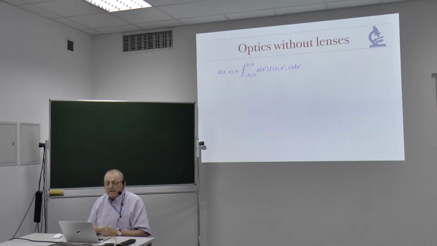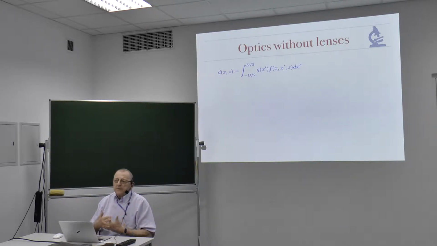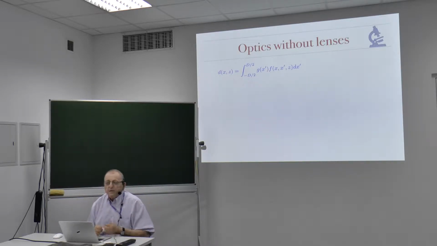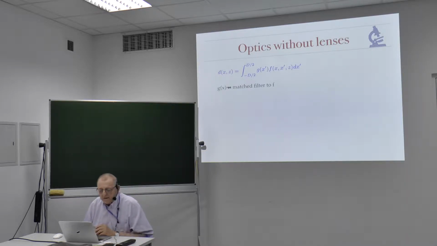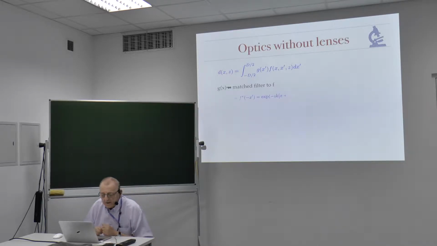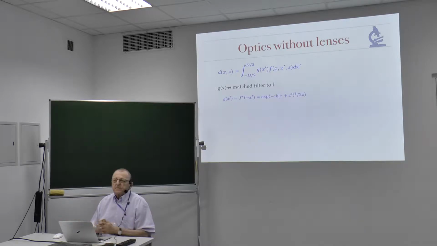So now I calculate my function d, and the function d is the integral over all aperture of the property of a lens, which I denoted as g, times that function f. Since I already know what is the function f, okay, then I now make an assumption that g is a matched filter for a given wavelength. So that's trivial.